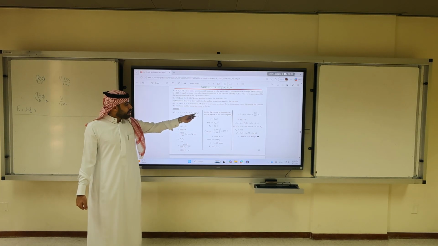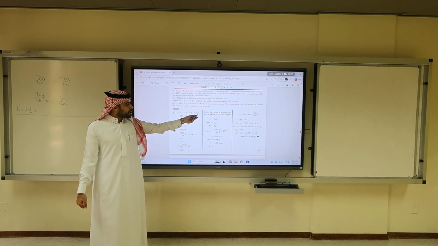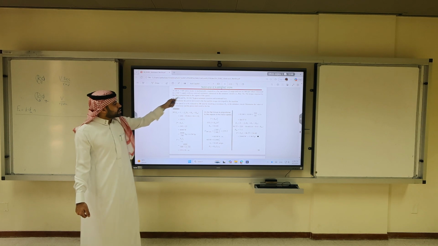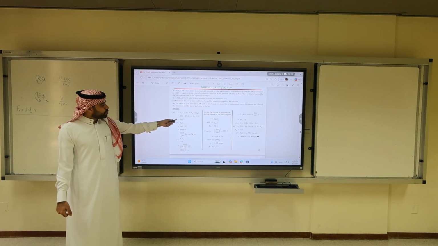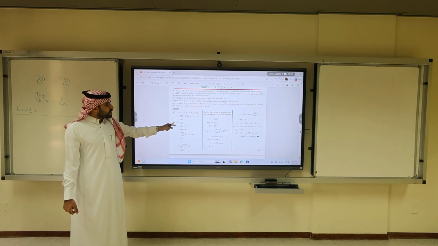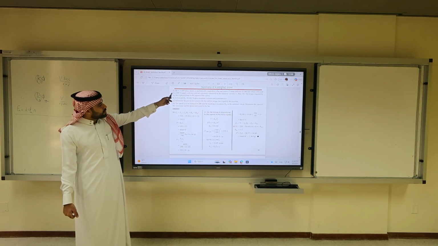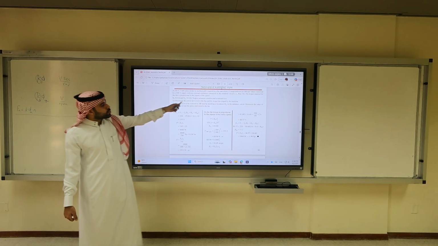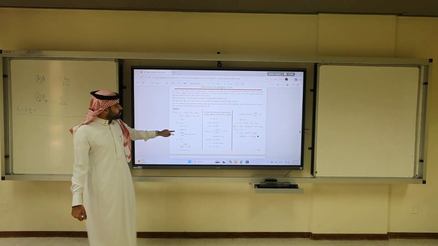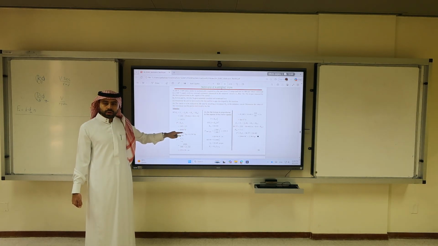RAA is the control resistance, and it's 0 before you start, according to the problem. No external resistance, so RAA is 0. EA is 195. You calculate the power, which is EA times IA. IA is given in the problem. Where is it? 25 amps. So it is 4.8 kilowatts.